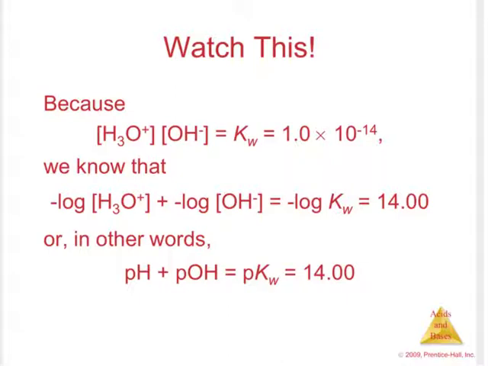This is how we use the pH scale as being on a scale of 0 to 14. The values for pH and pOH will add up to a total of 14.